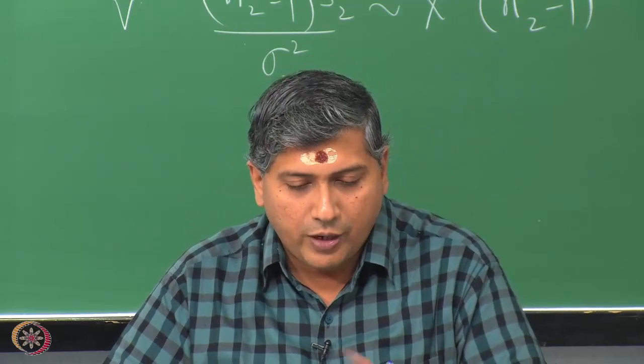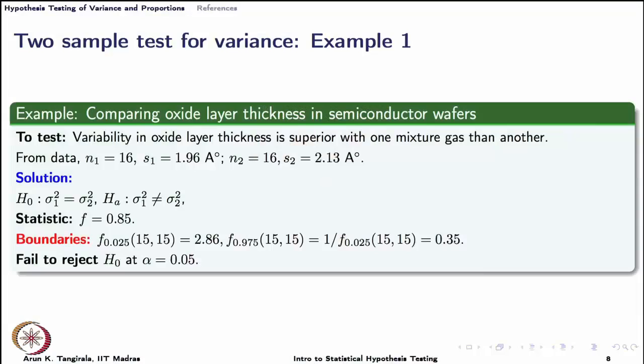For example, the critical value that you wanted to compute to the right is computed by specifying not alpha, but 1 minus alpha by 2, which is 0.975. You would specify that in your qf and also feed the degrees of freedom. This is equal to 1 over the left critical value you have computed. So, look, there is a complementarity here.